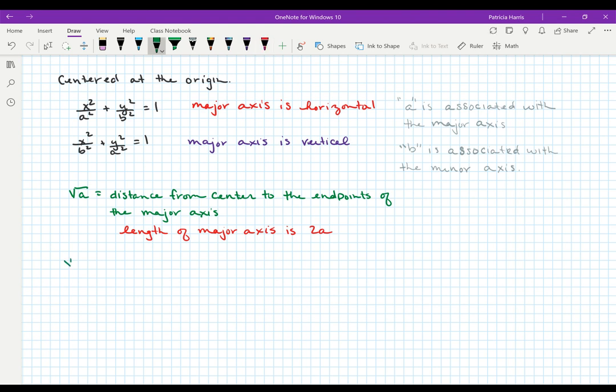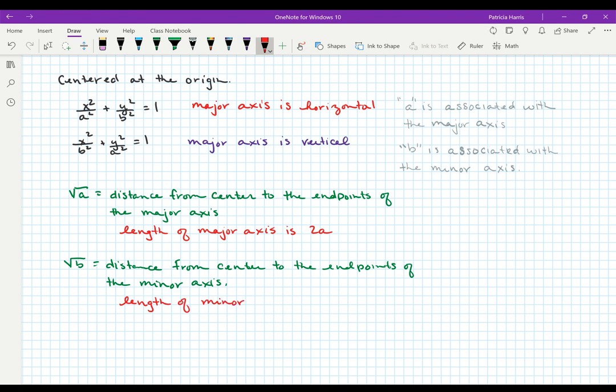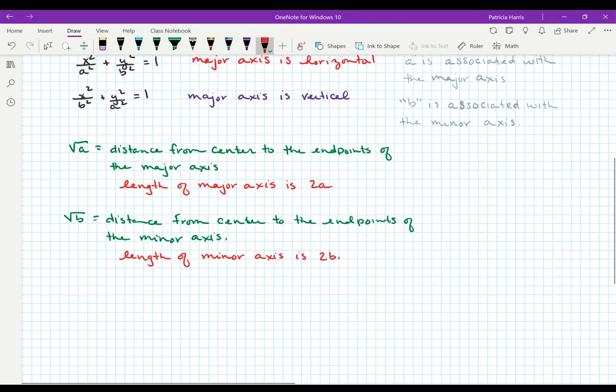For the minor axis, you're going to take the square root of B, and that's going to be the distance from the center. So the length of the minor axis is 2b.